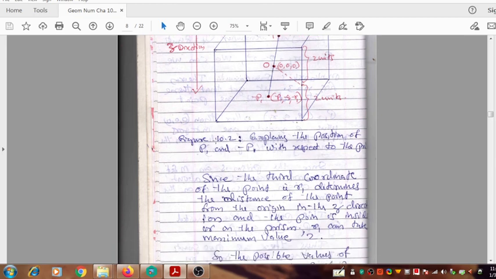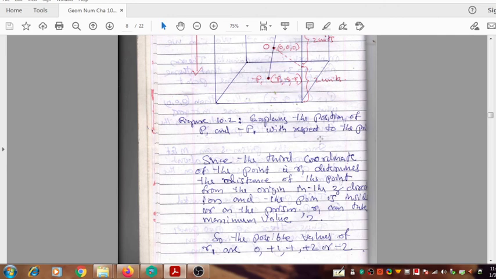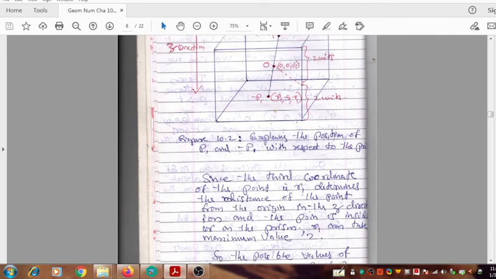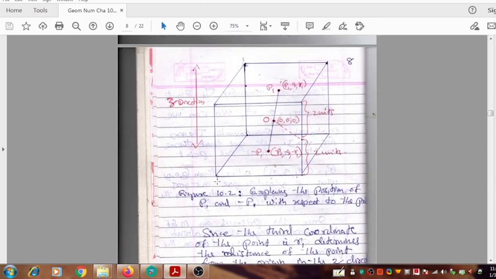You can see that it is explained. Figure 10.2 explains the position of the points P1 and minus P1 with respect to the prism, with respect to the center and the position of the prism.